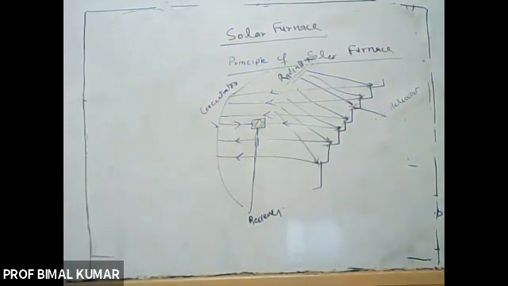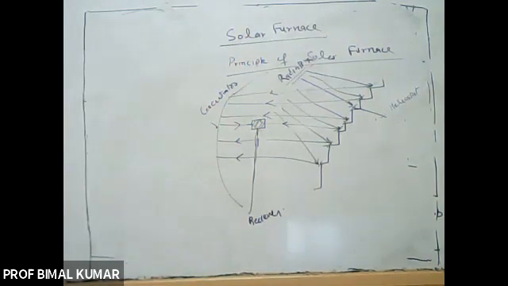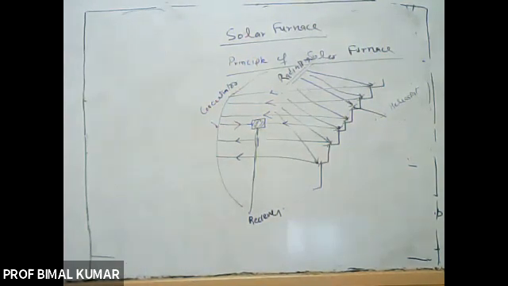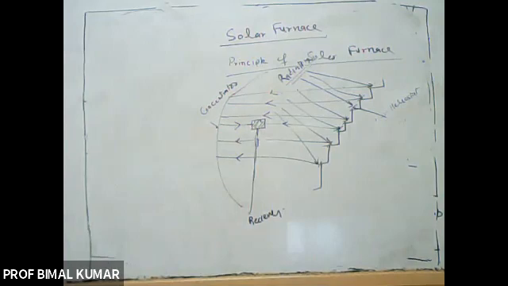Now, as far as advantages are concerned, it gives extremely high temperature, it provides rapid heating and cooling, right? Then the proper desirable atmosphere can be provided to the specimen.